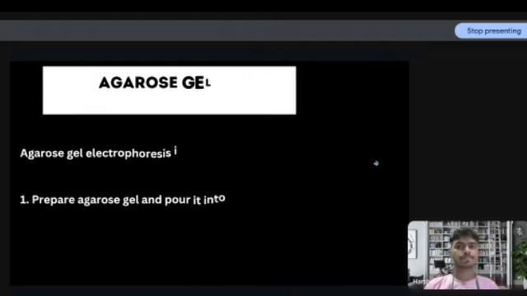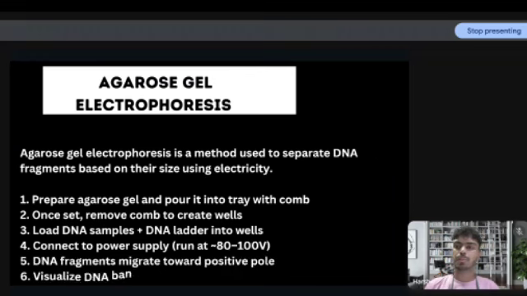We have agarose gel electrophoresis through which we can separate the DNA fragments on the basis of their size. We have to prepare the gel, and we have to load the sample, and then once we turn on the electricity, the DNA will start moving onto the agarose gel.